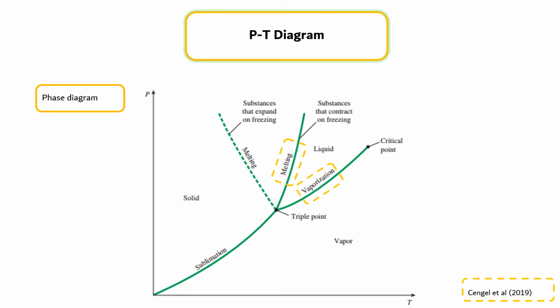These lines meet at the triple point where all three phases coexist in equilibrium. The vaporization line ends at the critical point because no distinction can be made between liquid and vapor phase above the critical point. Substances that expand and contract on freezing differ only in the melting line on the PT diagram.